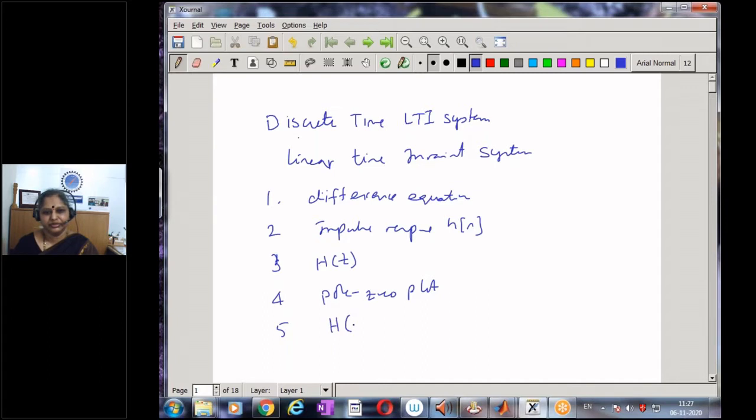We had the representation by the frequency response H of omega and the block diagram representation. This is what we had seen in the previous module.